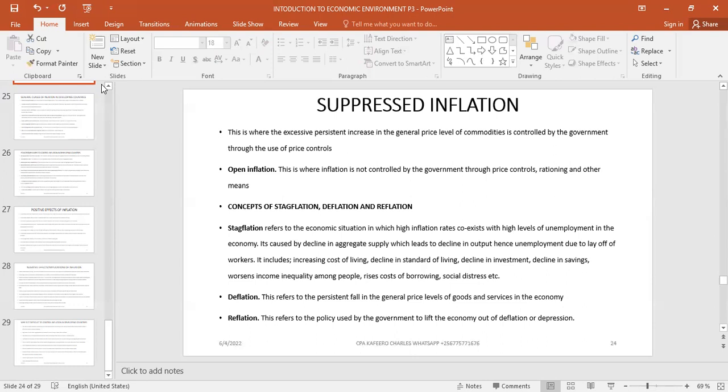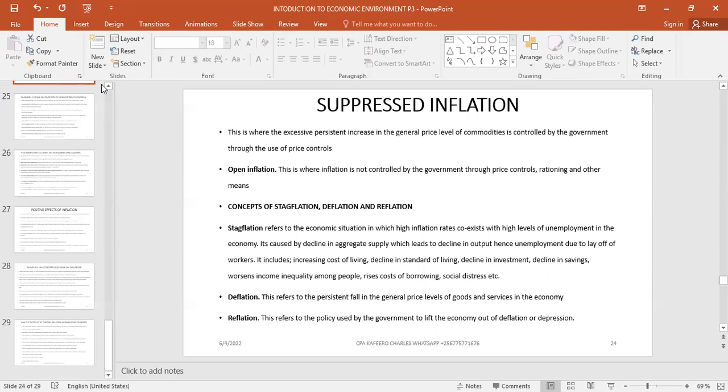Don't expect people to save either, because someone is not working. How can you expect someone to save? That's that scenario, or the concept of stagflation, a situation where an economy is facing high inflation rates and high unemployment rates.